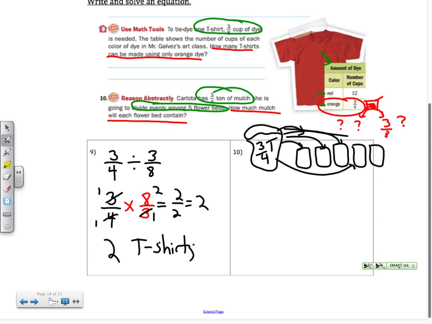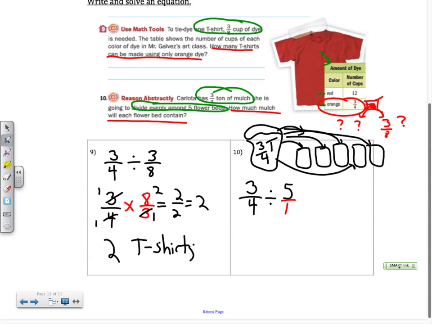Okay, so it looks like my 3/4 is going to be divided into those 5 beds. I have to remember to put a 1 under a whole number right away so I don't forget.